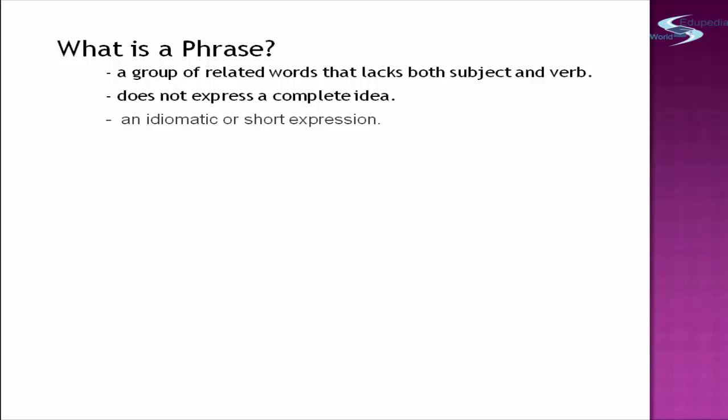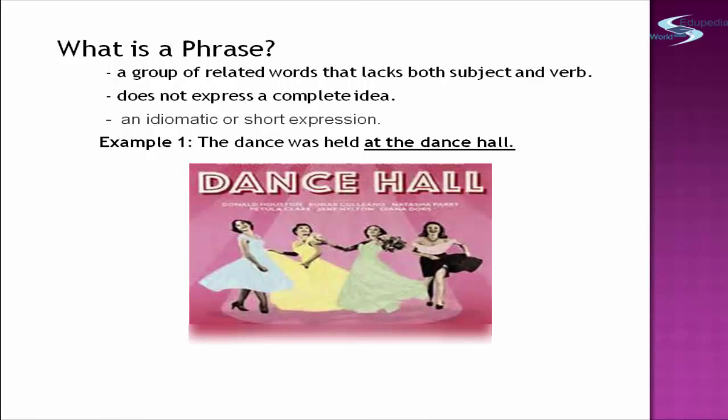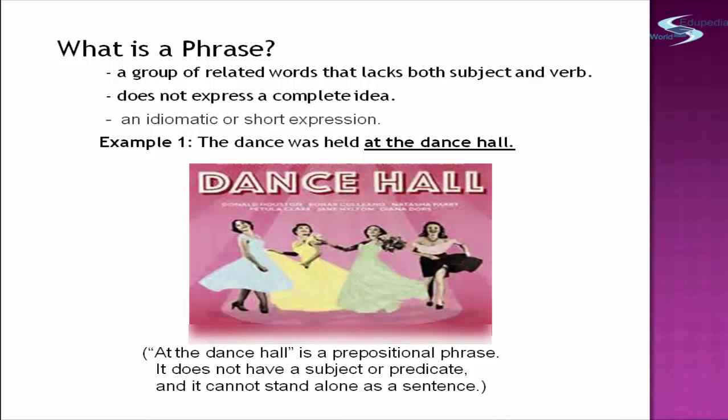Okay, let us identify the phrase in the following sentences. Example number 1. The dance was held at the reception hall. At the reception hall is a prepositional phrase. It does not have a subject or predicate and it cannot stand alone as a sentence.